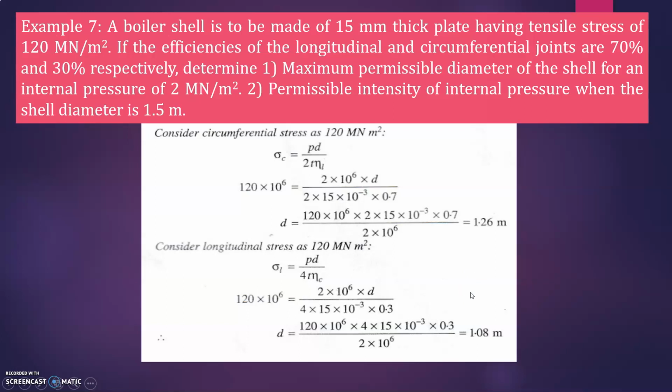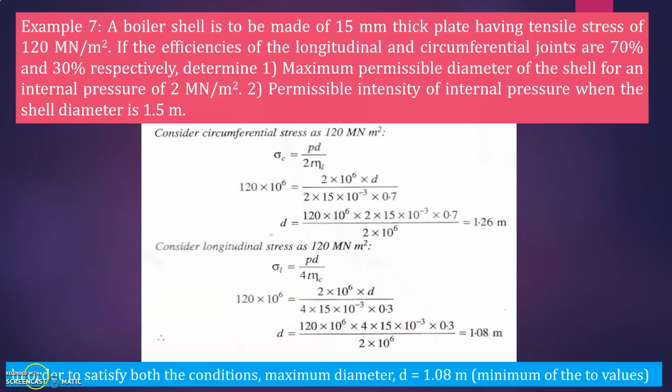To satisfy both conditions, you have to consider the minimum of the two values. So the maximum diameter is 1.08. Maximum does not mean the bigger value; you consider the minimum of the two values, and that is your maximum diameter.